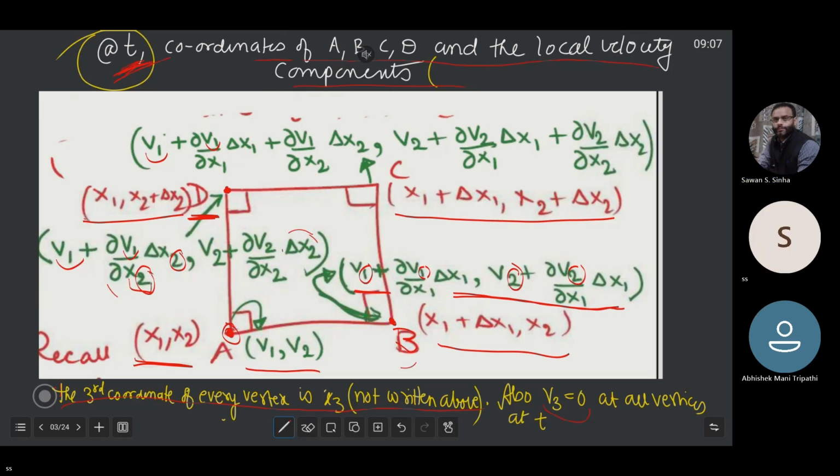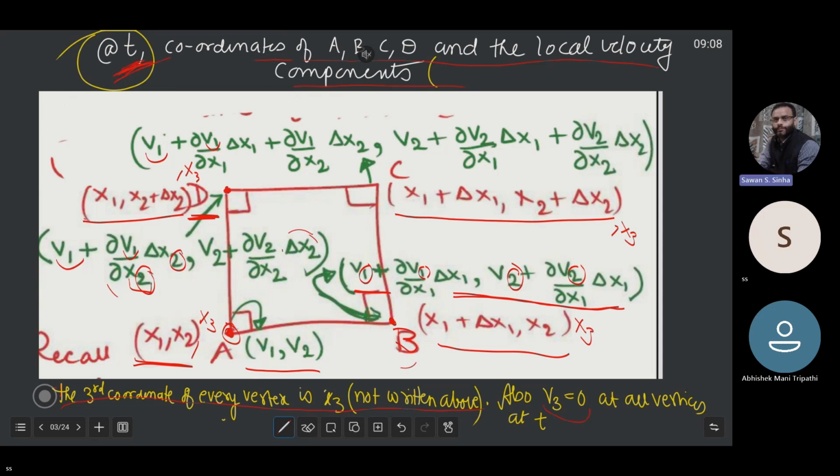All right. Here also I have not written the third coordinate. The third coordinate is actually x3 for all of them. For all of them, it is just x3. And there will be no change in x3. This plane ABCD, this face ABCD will continue to be in the same plane at time t plus delta t for a 2C 2D velocity field.